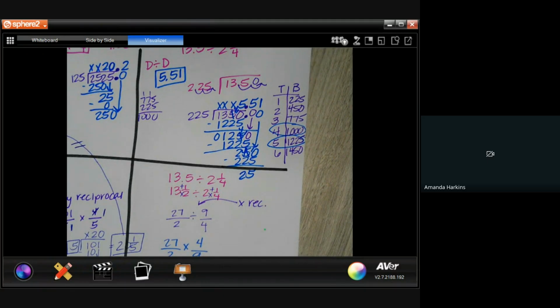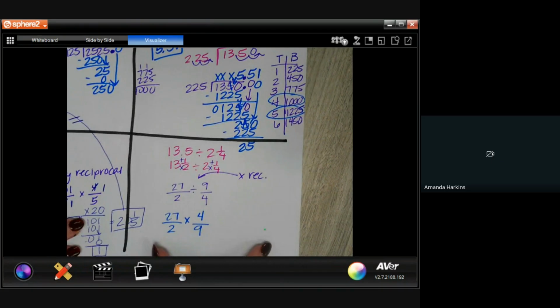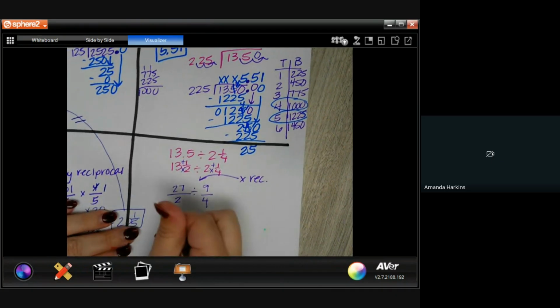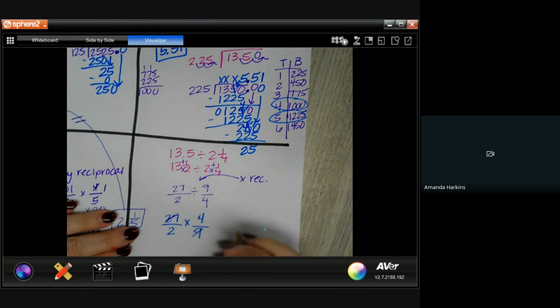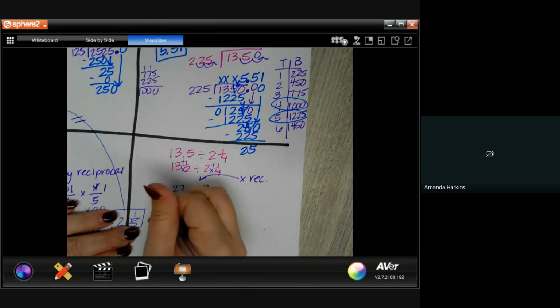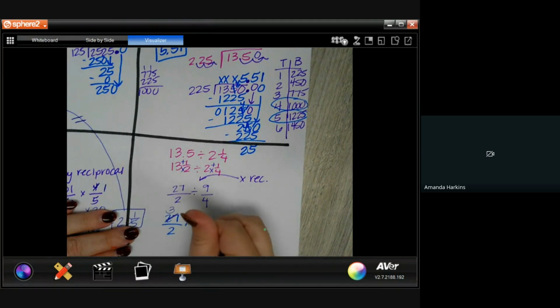Okay. Personally, I like to simplify. 27 divided by 9 is 3. 9 divided by 9 is 1. We have 2 and 4.